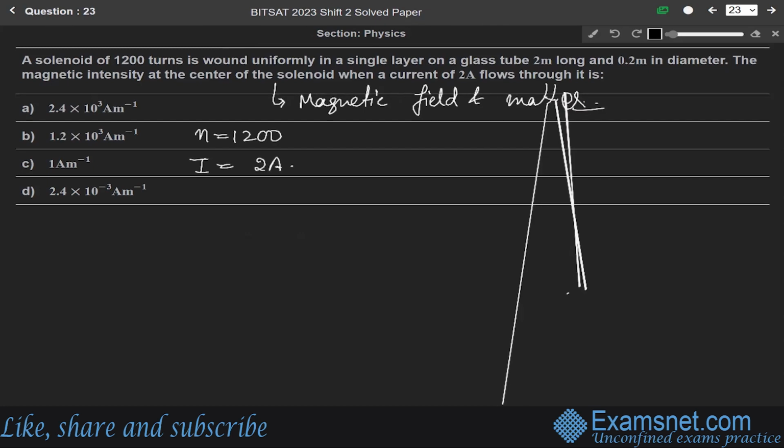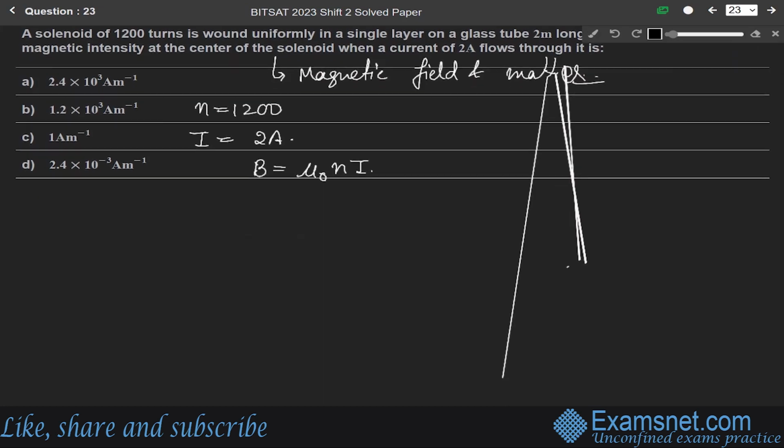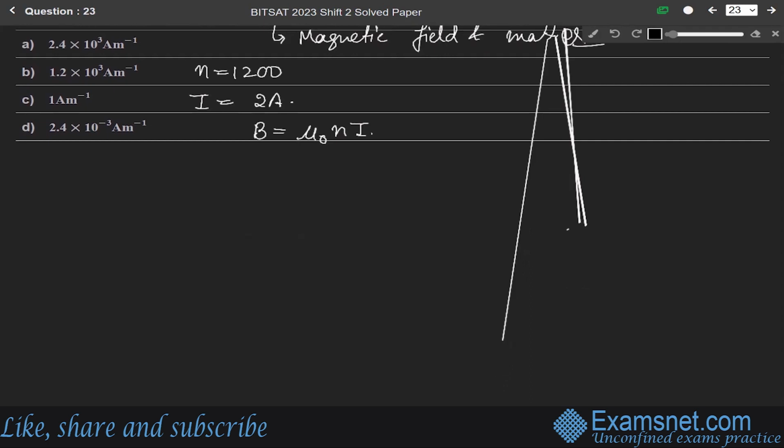So the magnetic field at the center of the solenoid, we know the general formula for this. B is equal to mu naught n I, where mu naught is the permeability constant. So the magnetic intensity H will be equal to B upon mu naught. H is the magnetic intensity here, and B is the magnetic field here.